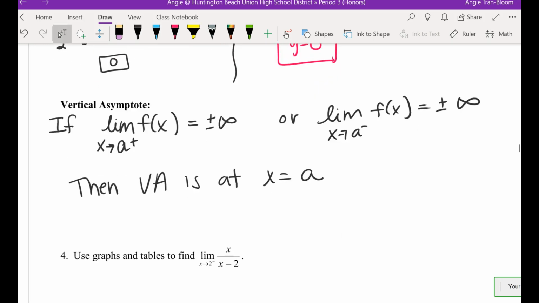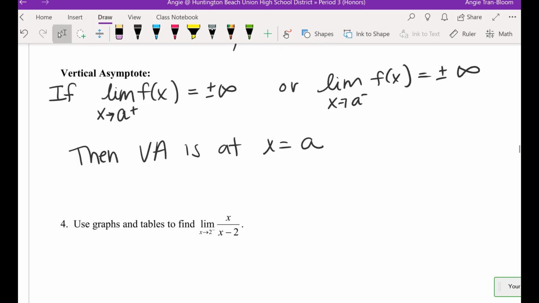All right. From memory, do you know what example 4's graph looks like? If not, use your calculator. If you don't know from memory what that looks like, can you punch in your calculator x divided by x minus 2? What does that look like?